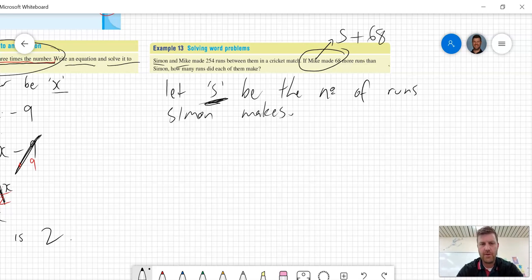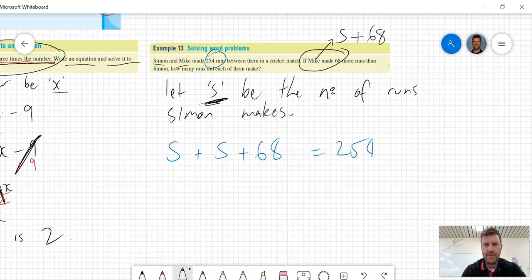So, with that knowledge, we can actually write an equation in terms of S. So S plus, that's the number of runs Simon made. The number of runs Mike made, which is S plus 68, is equal to 254. Okay, so I've now got an equation which only has one variable.